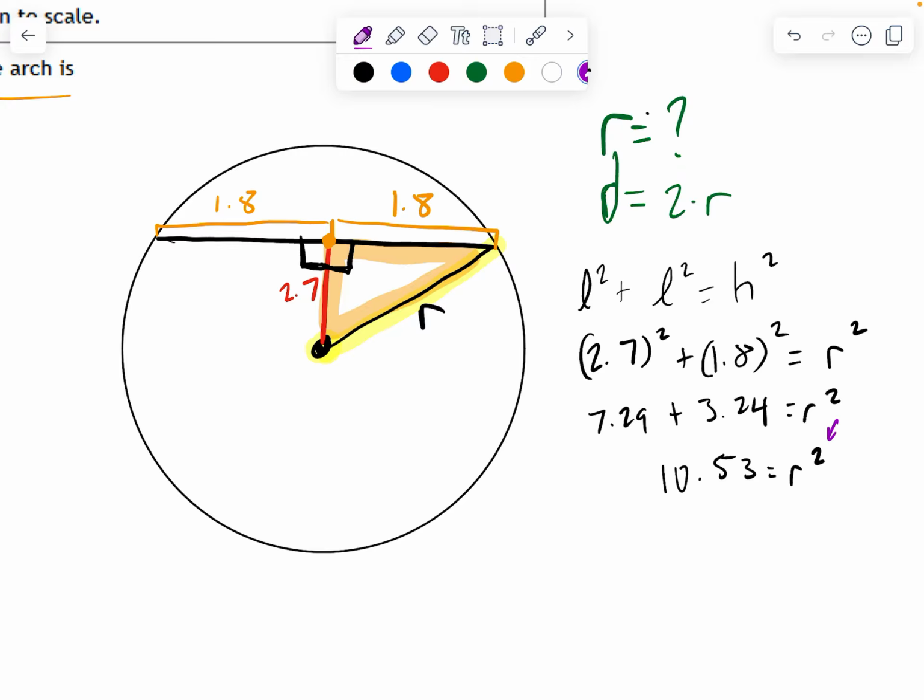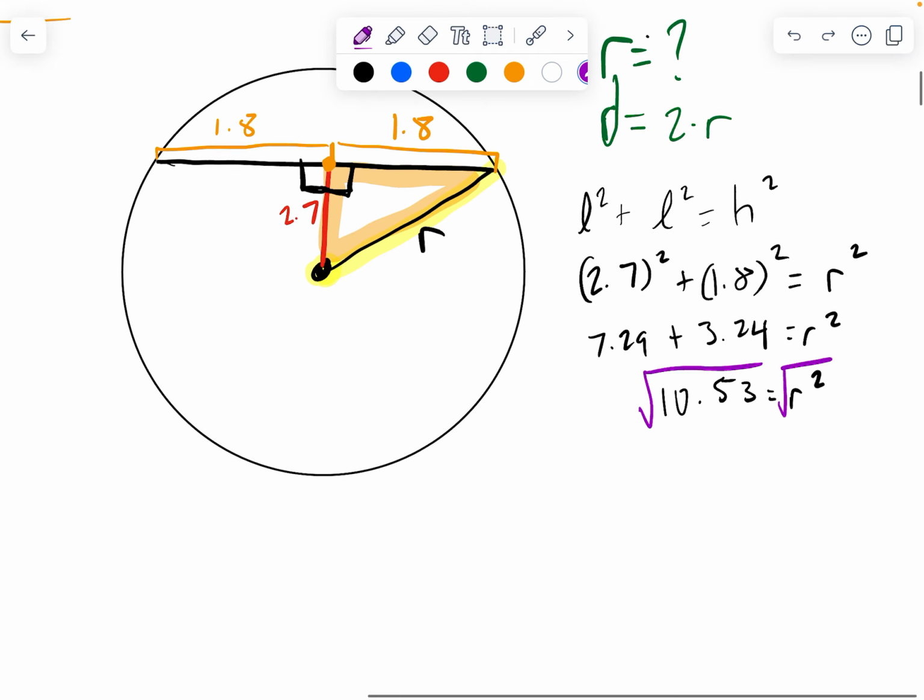We just need to finish solving for the radius. Our radius is squared. We undo squares with square roots. Now remember, square root means plus and minus, but keep in mind we're talking about real, tangible lengths. You can't have a negative length. So while there is a plus or minus, we're only going to work with the positive of those two. So r equals that square root.